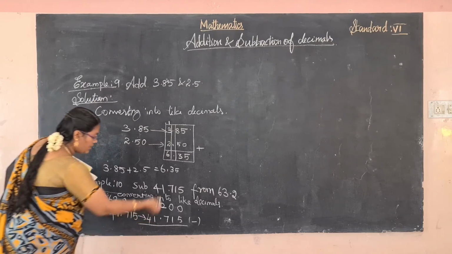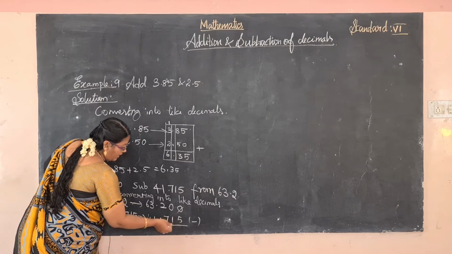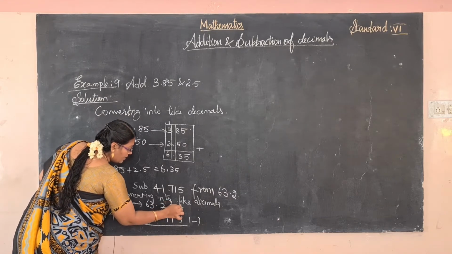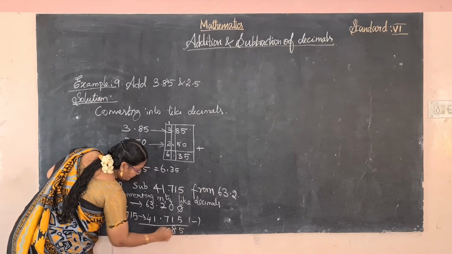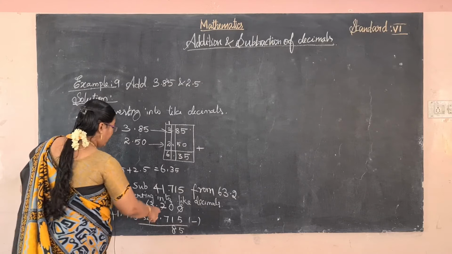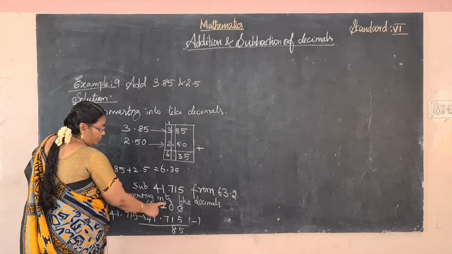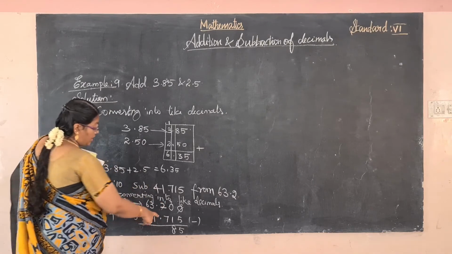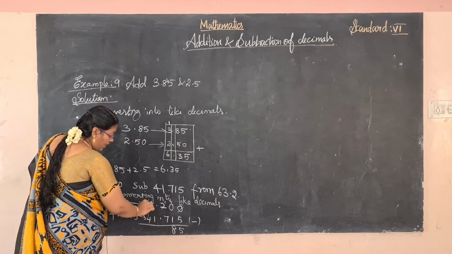As usual calculation, it's not possible to subtract, so borrow from here. 10 minus 5 is 5, 9 minus 1 is 8. Here 1 is there, it's not possible to subtract 7 from 1, so borrow from here.